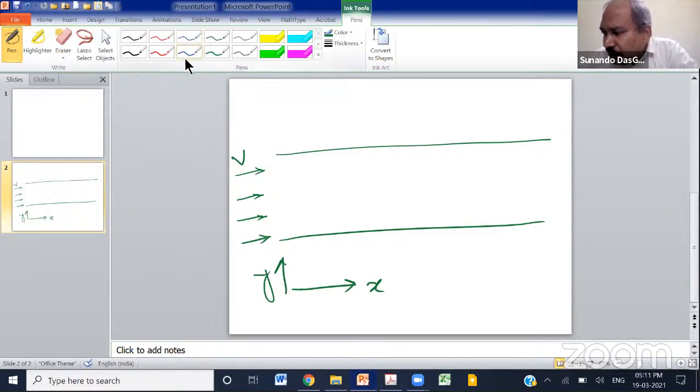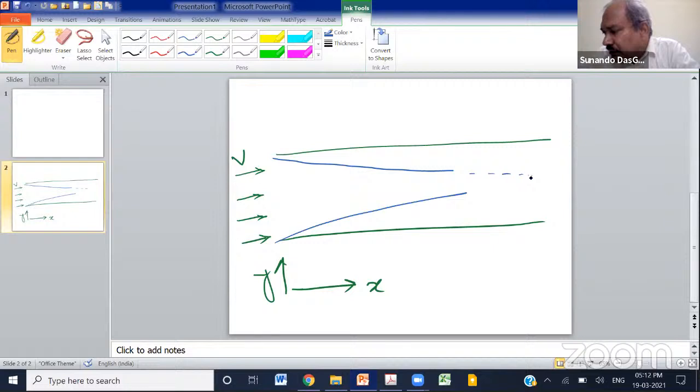When the fluid starts to interact with the solid walls, both at the top and the bottom, the greatly exaggerated view of the growth of the boundary layer will probably look something like this.